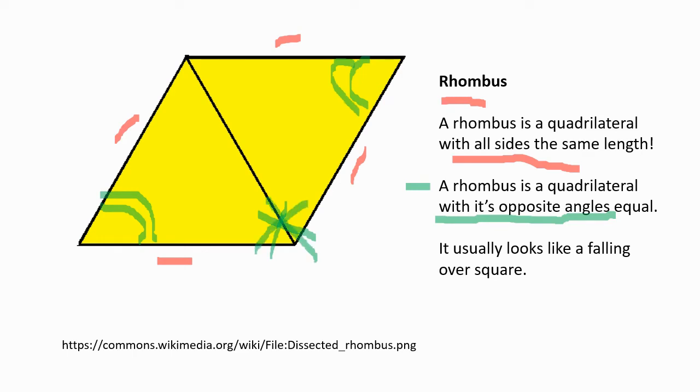The angle that I've drawn the big star on equals this angle here. So you can see that the opposite angles are equal, but the adjacent angles aren't. A rhombus usually looks like a falling over square.